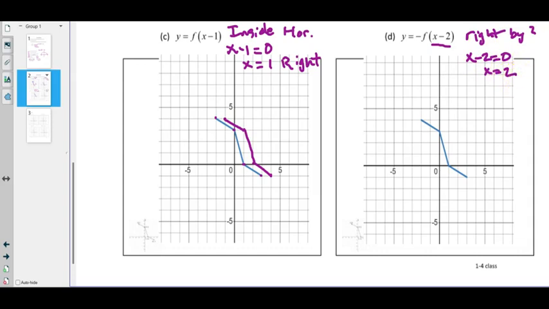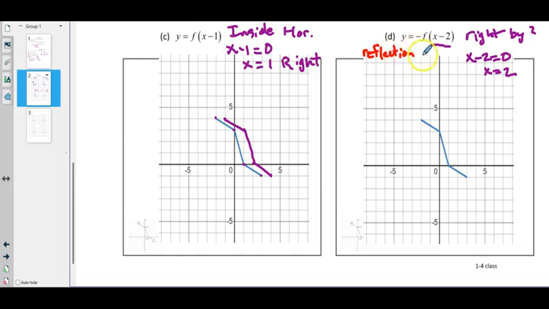However, we also have this negative out in front. So the question might be like, well, what does that mean? And you should have seen this before, but a negative out in front of your function means that you are reflecting. A negative with your variable or a negative in front of your function means a reflection.